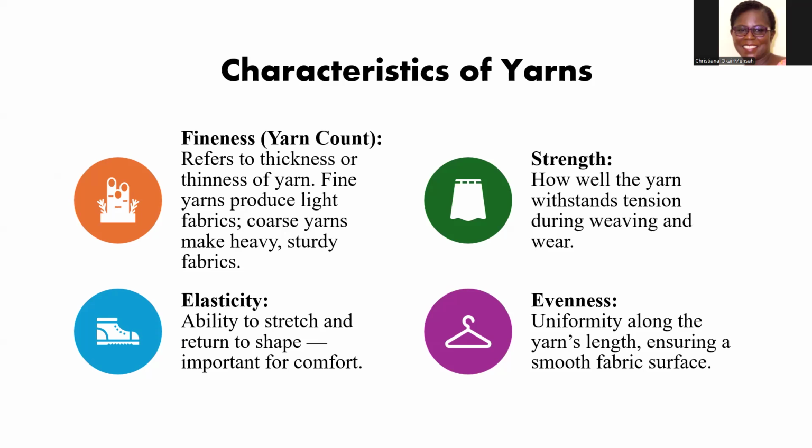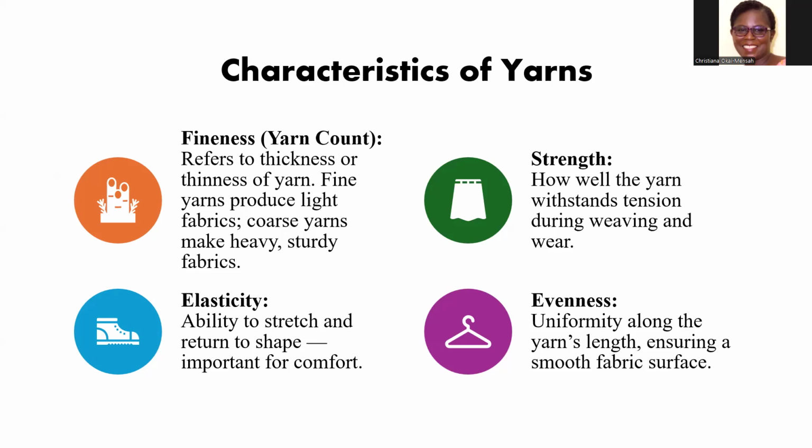So the yarn must have strength, able to hold you. Else, when you wear it and you just walk, you stretch the yarn, the fabric will tear. So the fiber must have strength. And if the fiber is very strong, the yarn will also be strong.